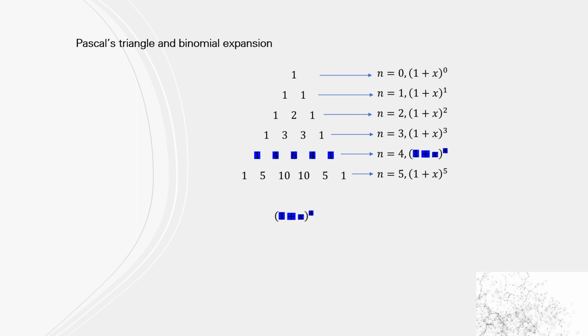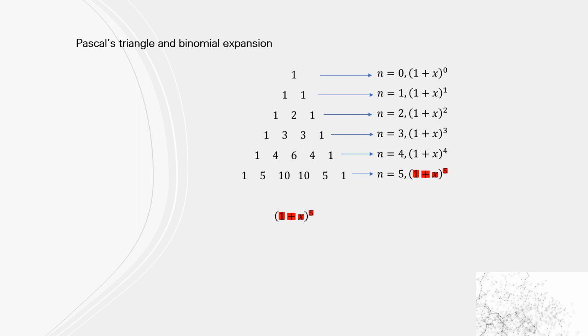See if you can do the next one, 1 plus x to the 4. So your coefficients should be 1, 4, 6, 4, 1. So you should get 1 plus 4x plus 6x squared plus 4x cubed plus x to the 4.